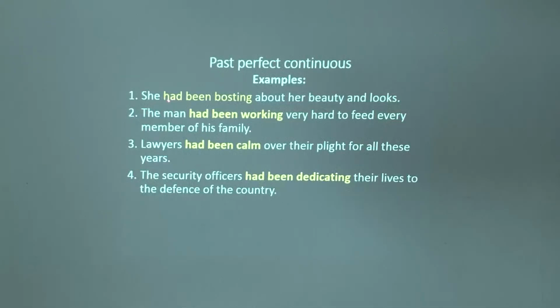You should have it in mind at all times. However, there are instances you don't have had. There are few instances you can construct your sentence, which is likely to be in the past perfect, without probably had. Right? Or was.